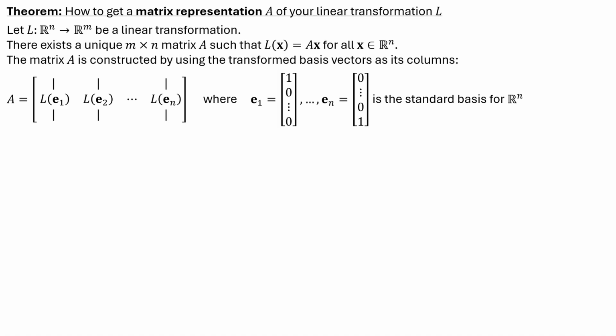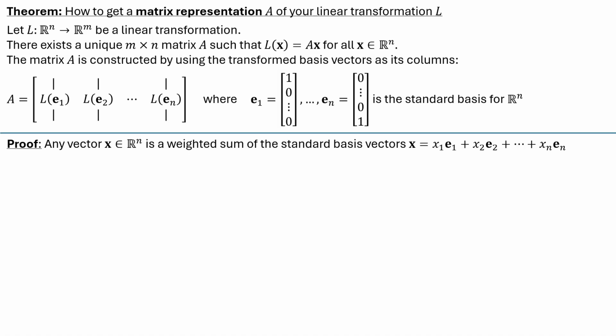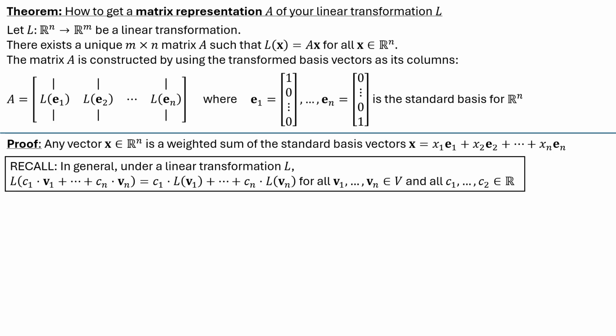Now let's prove that theorem. Any vector x can be broken down into how many first components it has times E1 plus how many second components it has times E2 plus so on. Recall, we've already defined linearity in a specific way. Linearity means the image of a linear combination of vectors is the linear combination of those individual vectors' images.